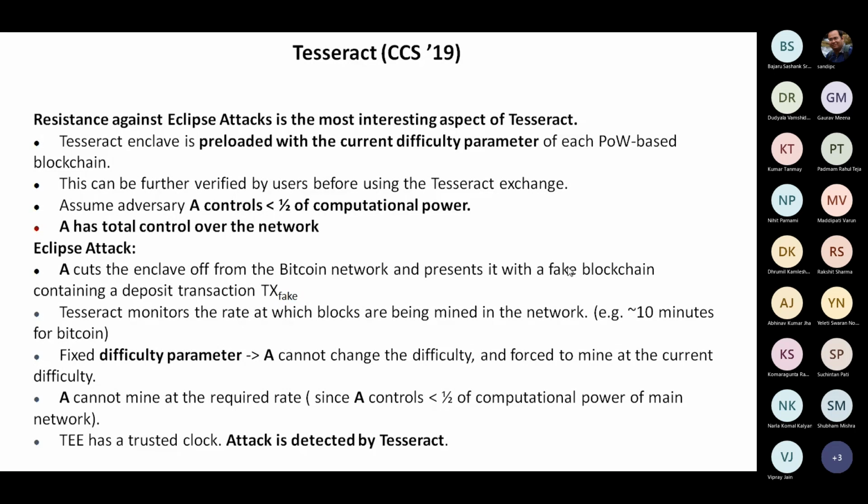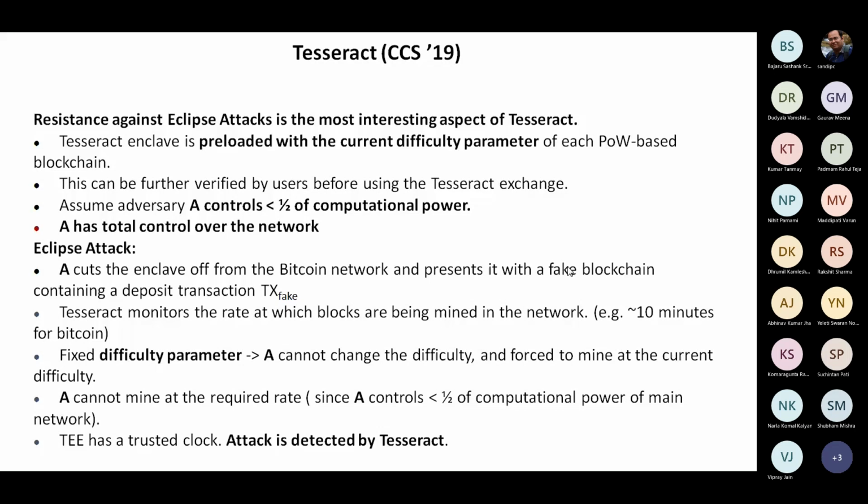Whatever the attacker does, even if it separates out this Tesseract node, it cannot generate new blocks at a rate which is otherwise sustainable by the network itself. If 10 minutes is the average time for mining a block considering the entire computing power of the full network, the attacker is not likely to generate blocks any faster than maybe 20 minutes on average.